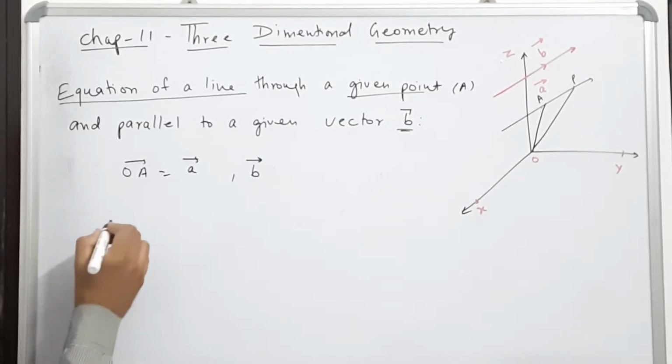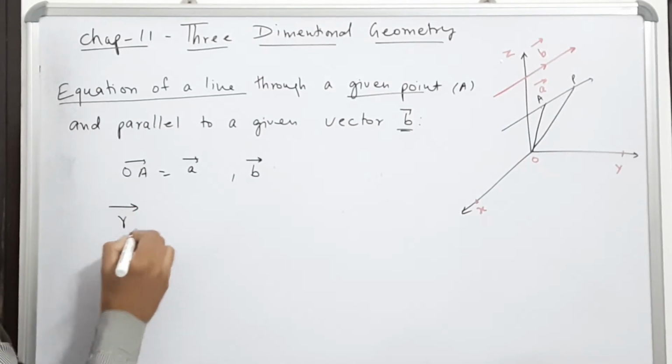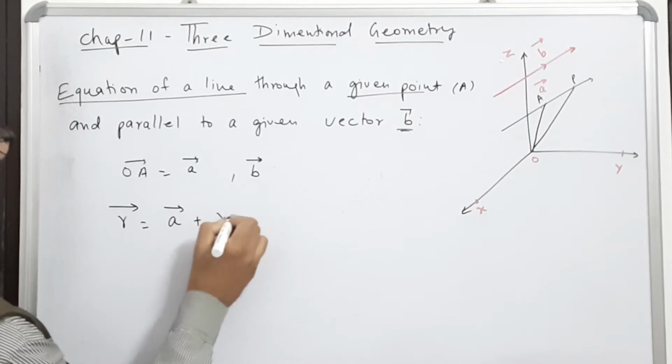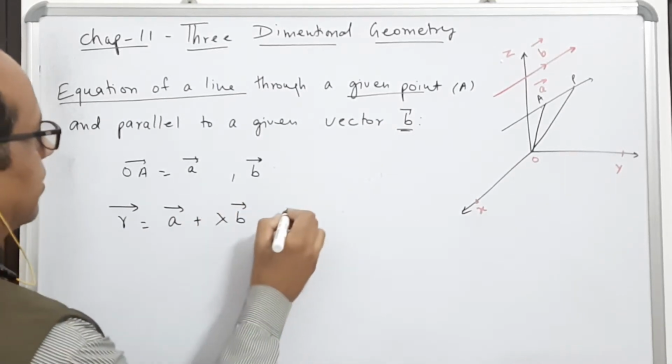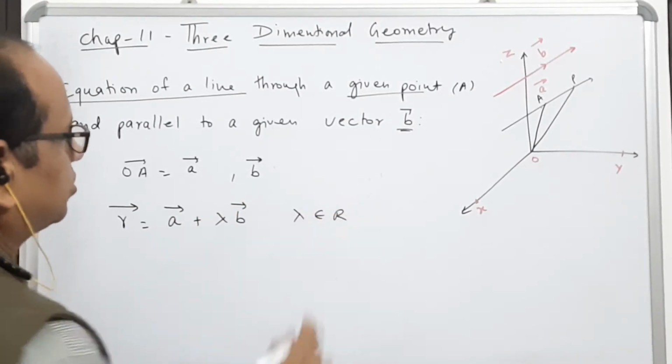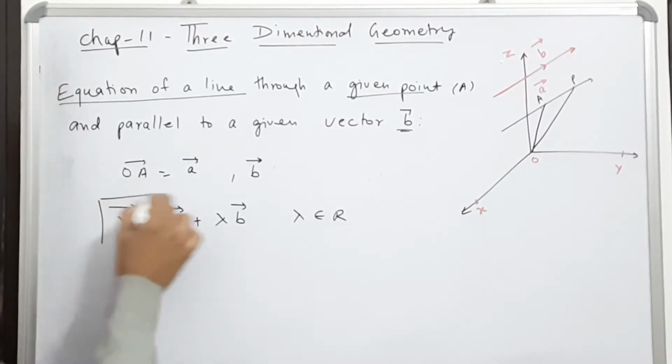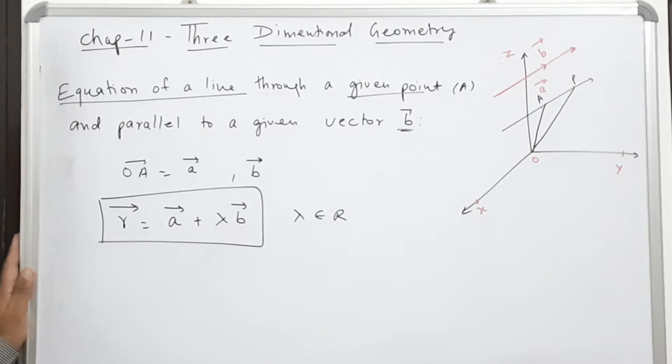So the equation of the line will be R vector equals A vector plus lambda B vector, where lambda belongs to real numbers. So in this way, with the help of this formula, we can find the equation of a line.